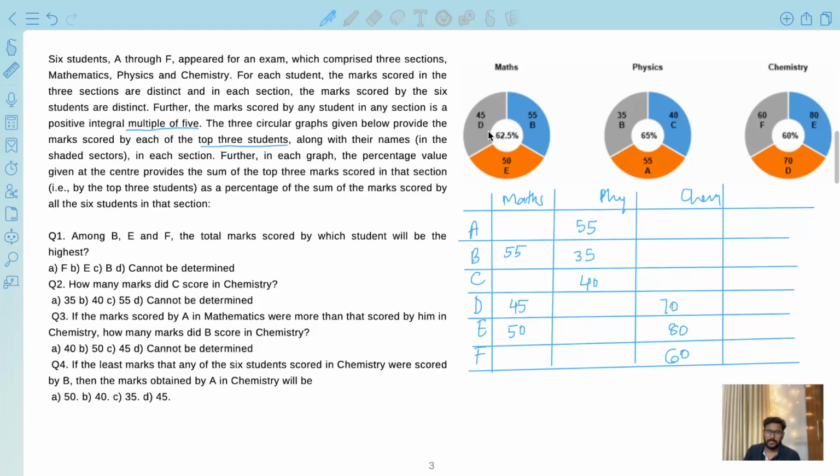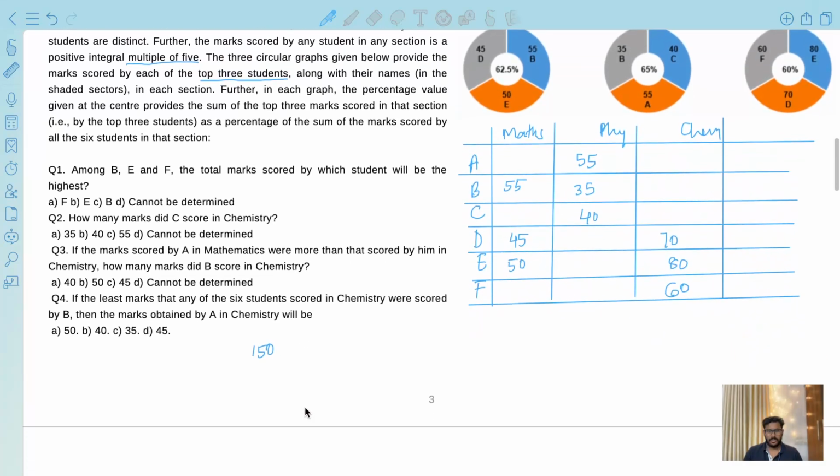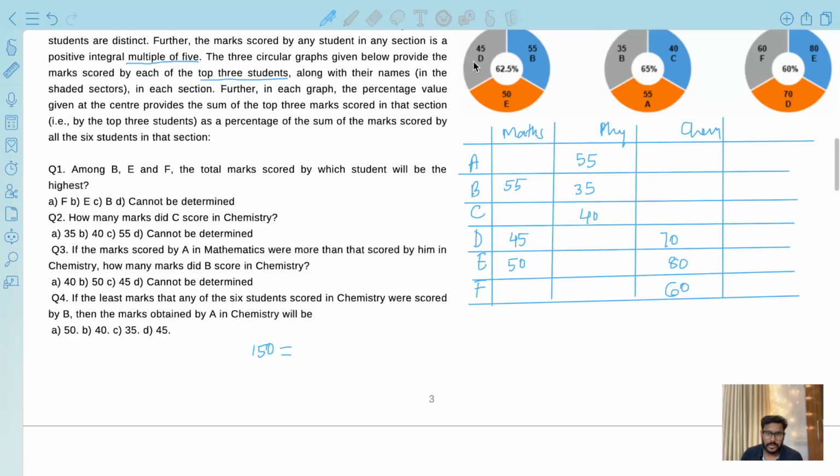What is their sum? 150. 150 is 62.5 percent. So 62.5 means 60 is 3 by 5 plus 2.5.